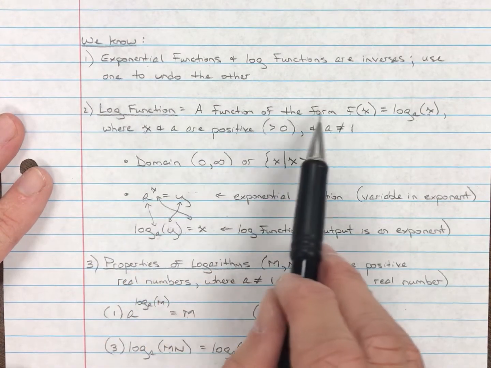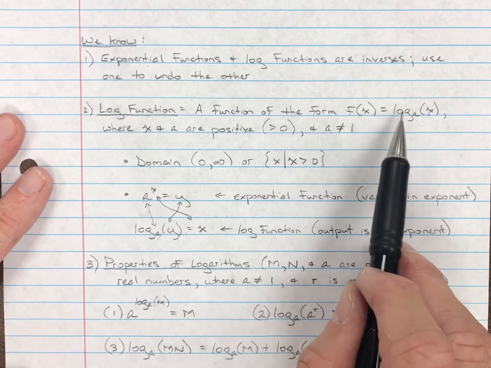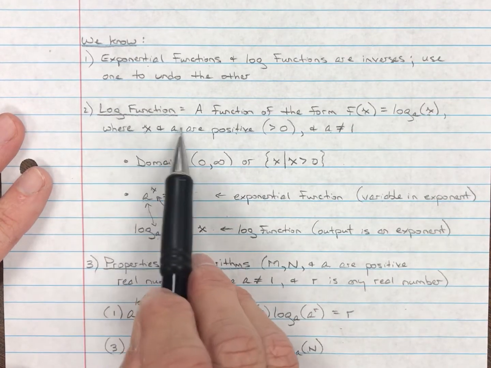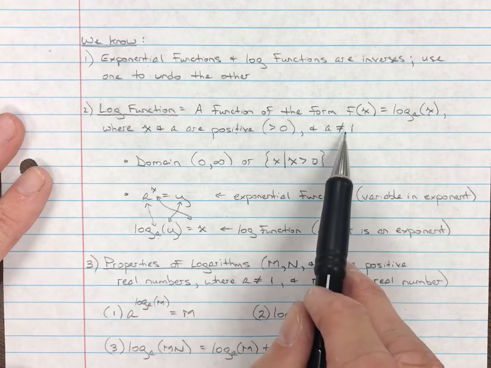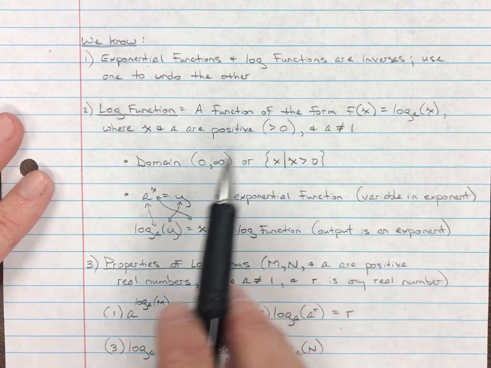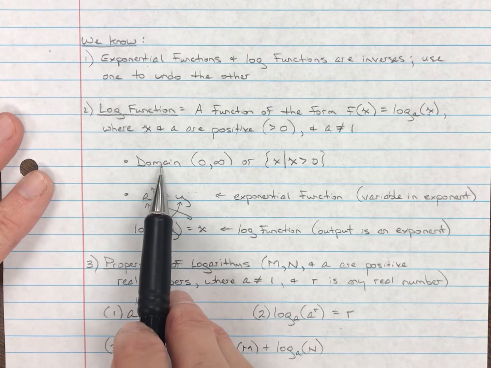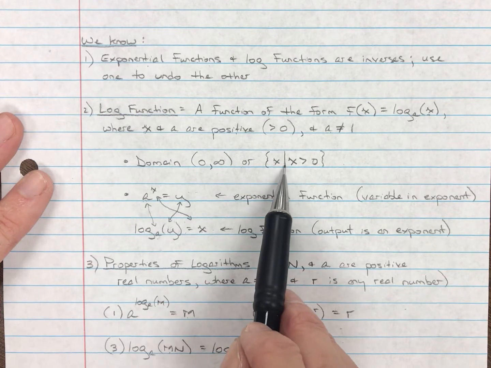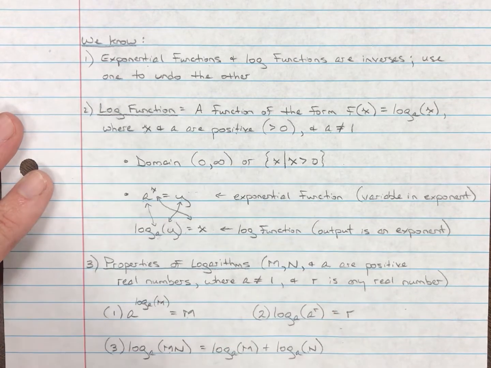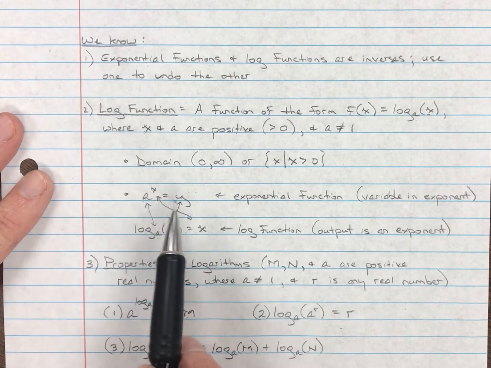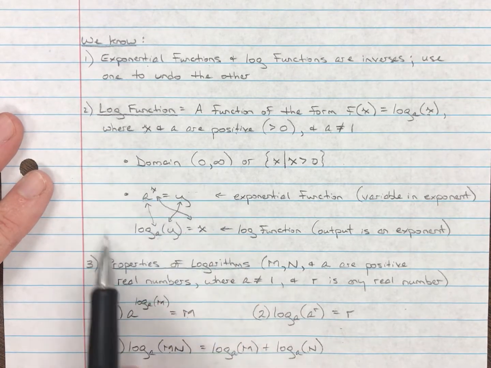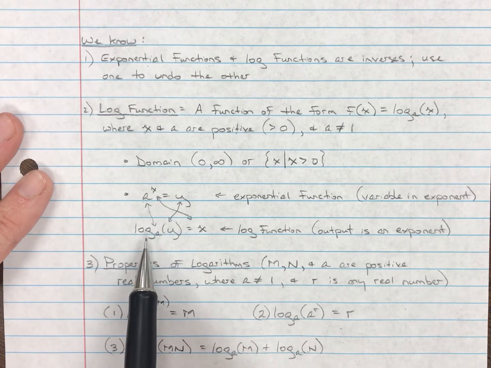It's a function of the form f of x equals log base a of x, where x and a are positive and a is not equal to 1. We know the domain of the log function is the positive numbers, the set of all x's such that x is greater than 0. And we know that the exponential function and the log function are related as follows.